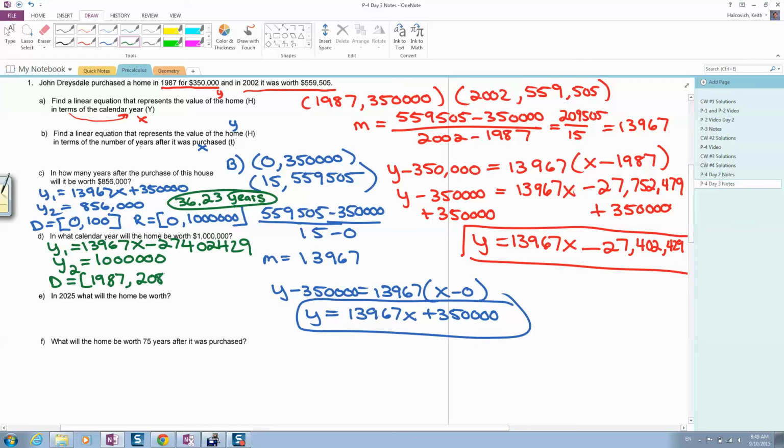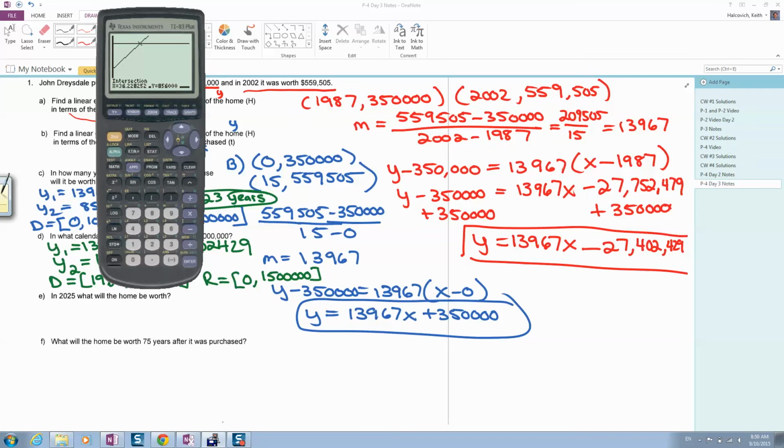2087. And then our range from 0 to 1.5 million. And then you type that in your calculator. So now we got to type in a different equation.